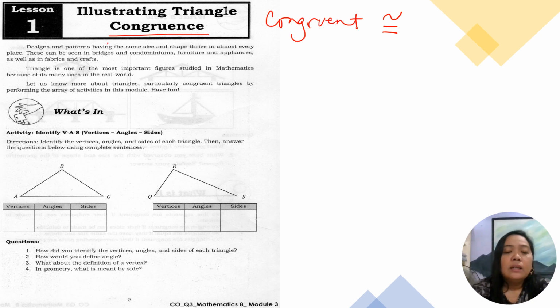Since there is an array of activities in your module, you're going to perform these activities one by one. Let us start with What's In. The first activity there is called Identify VAS. V stands for vertices. Take note that vertices is the plural word of vertex.